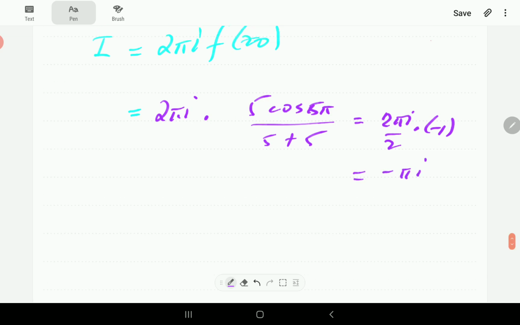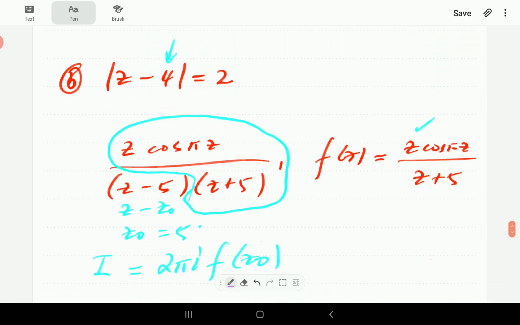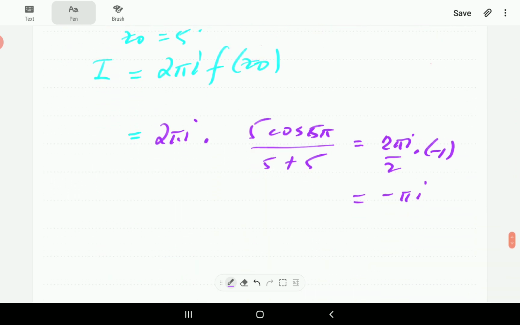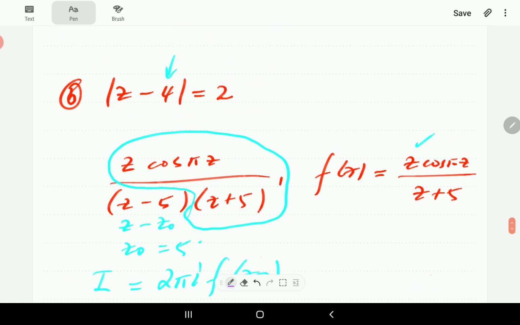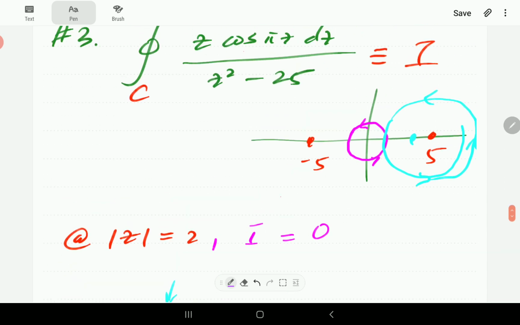Okay. Then for part C, we have mod z equals 6. So that's a circle centered at the origin with radius 6.